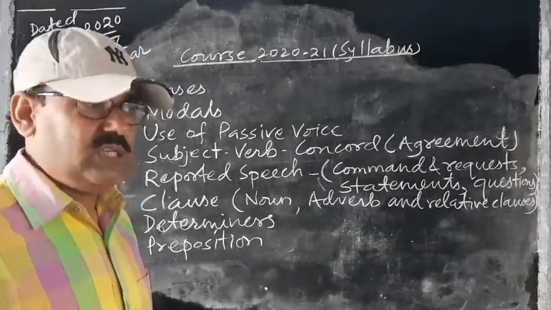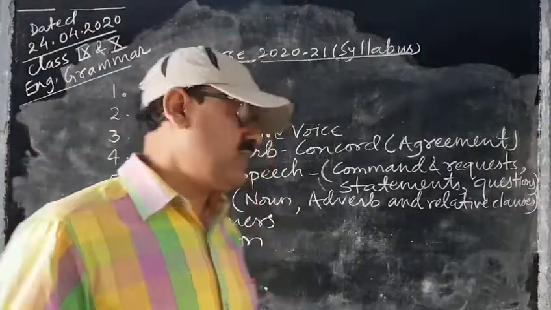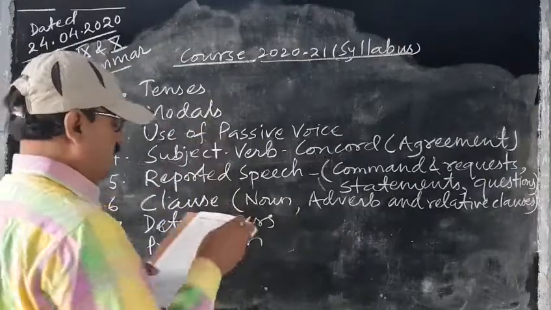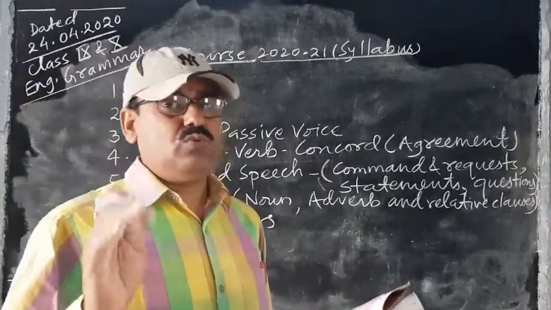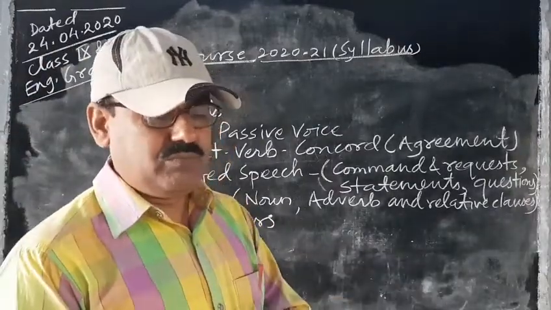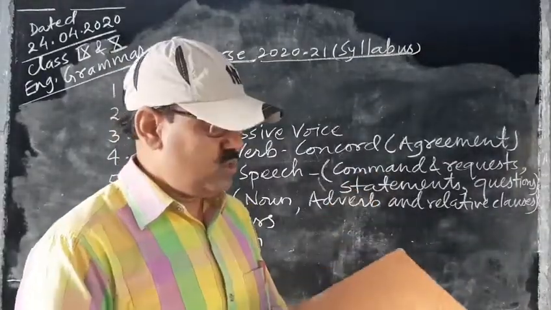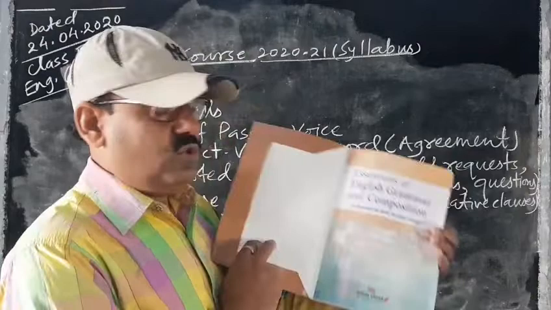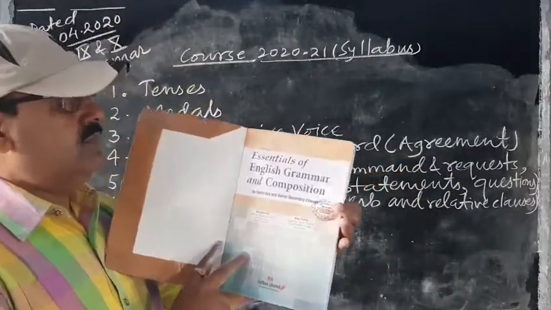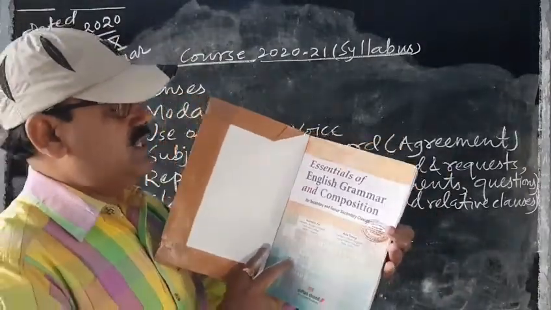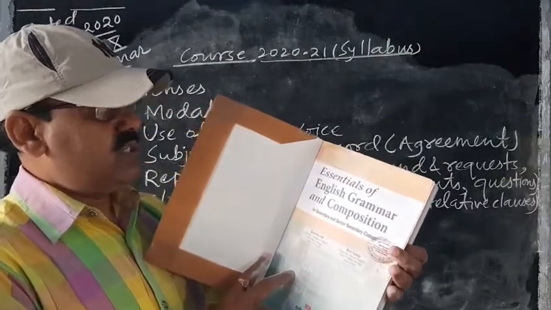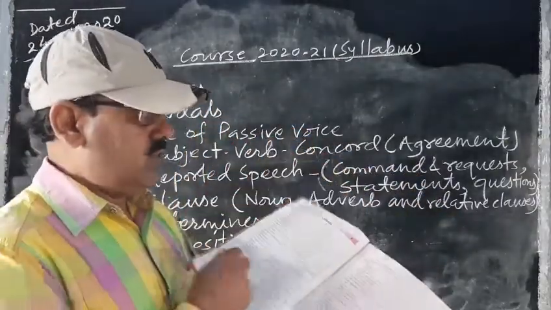And for finishing it before time, we have to read some of the important chapters of your book. This one is Essential English Grammar and Composition that you should have. We have started also.